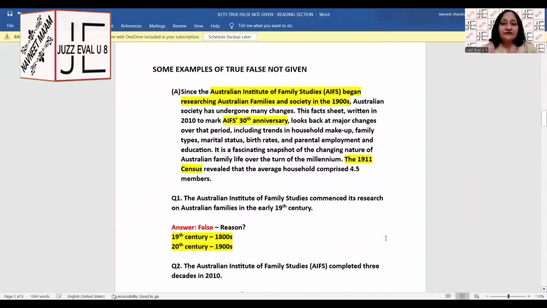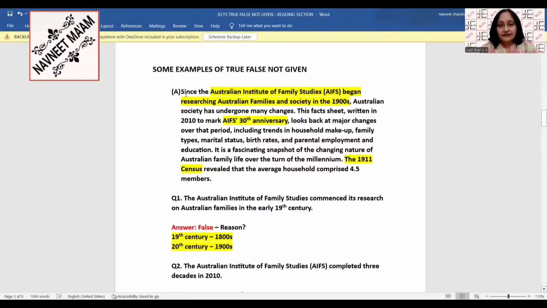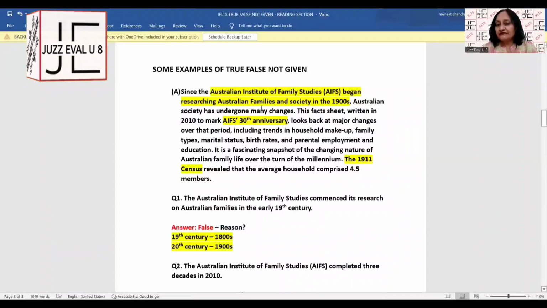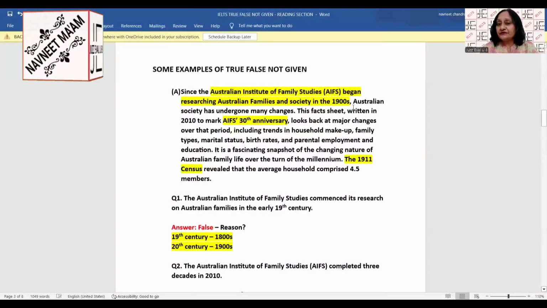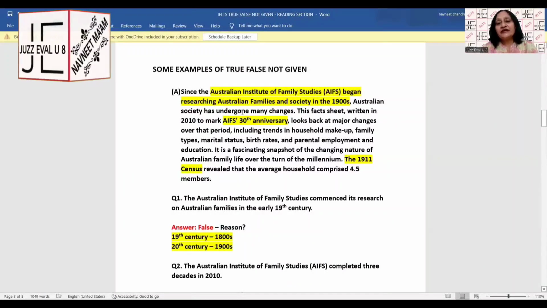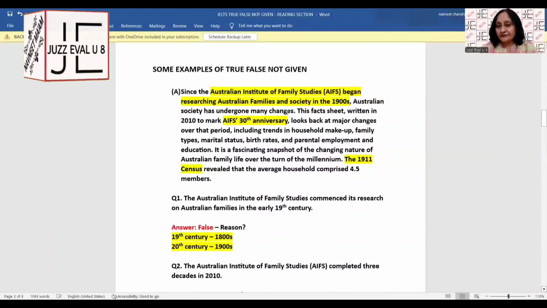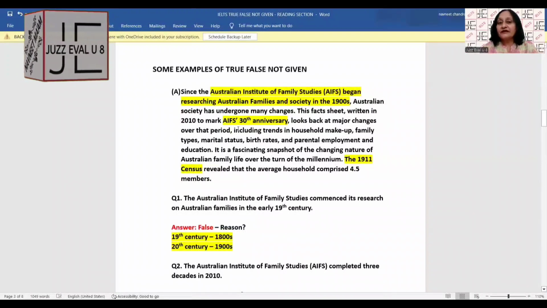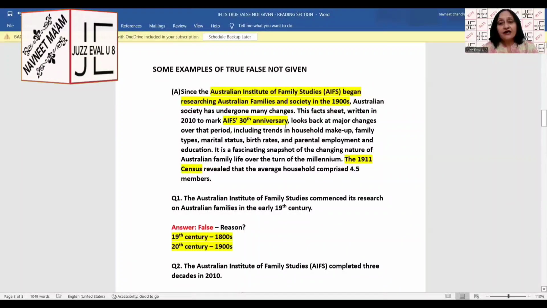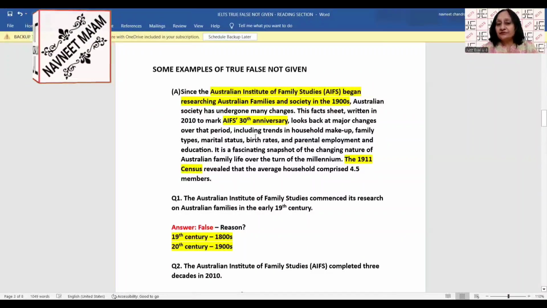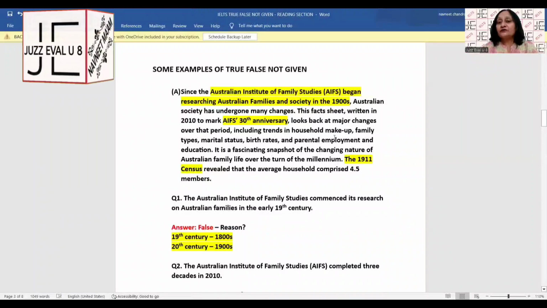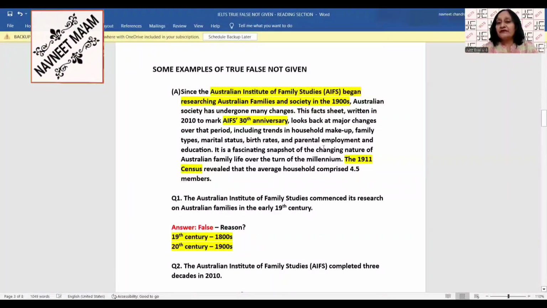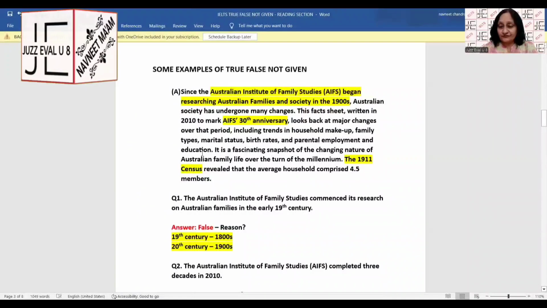Now let's see the first passage. Since the Australian Institute of Family Studies began researching Australian families and society in the 1900s, Australian society has undergone many changes. This fact sheet, written in 2010 to mark AIFS's 30th anniversary, looks back at major changes over that period, including trends in household makeup, family types, marital status, birth rates, and parental employment and education.